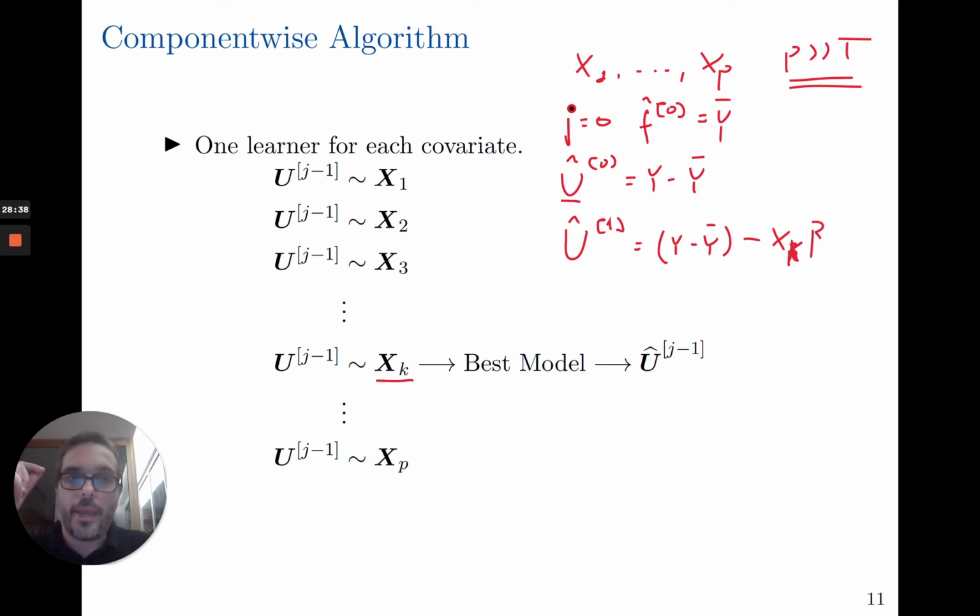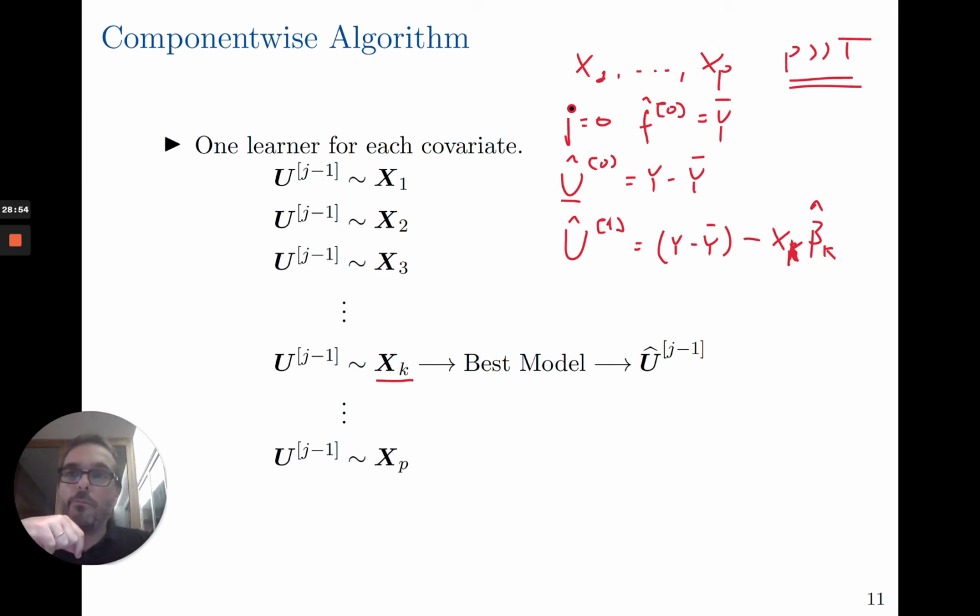xk beta k hat. That's the OLS fit of y minus y bar on xk. We take this residual again and we continue like this.